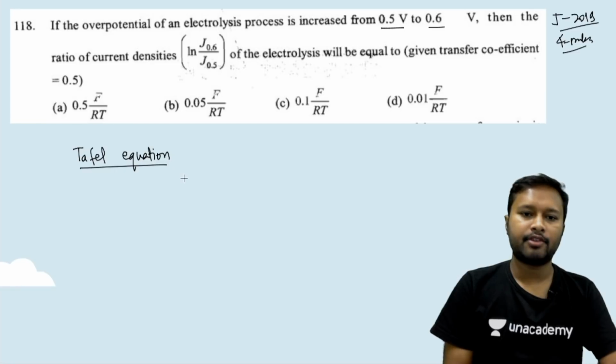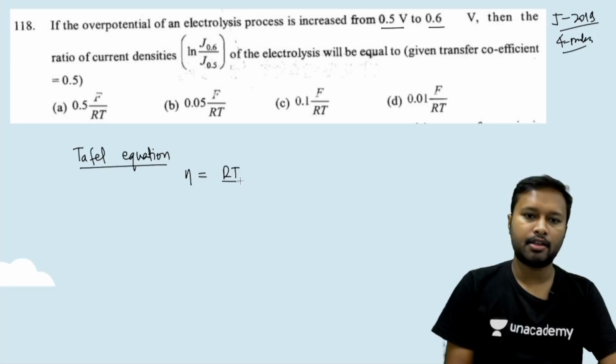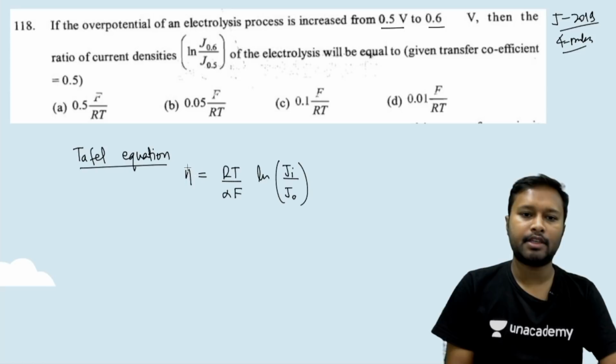So the Tafel equation is given as eta equals RT upon alpha F, times ln Ji upon J naught. What are the terms here you should know? Eta is your overpotential. Alpha over here is your transfer coefficient.